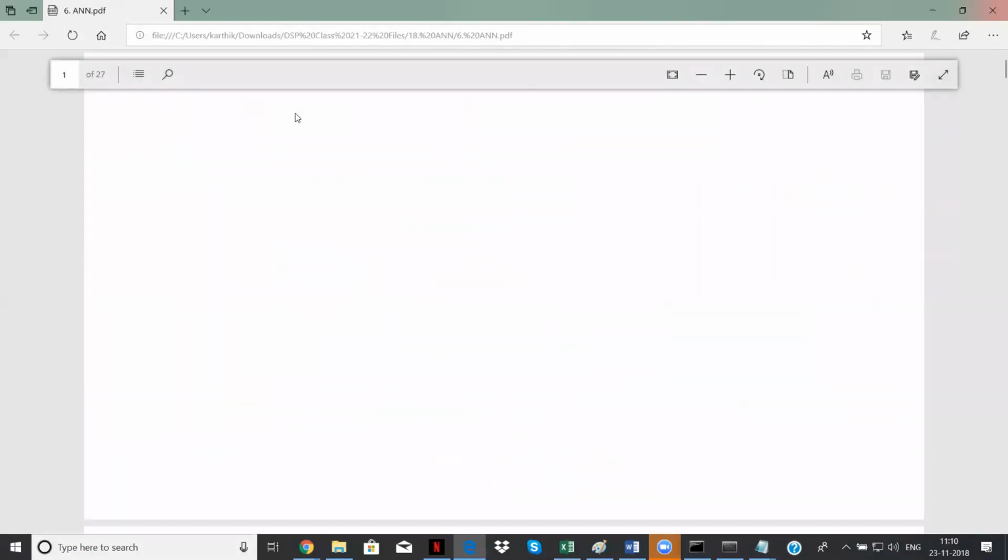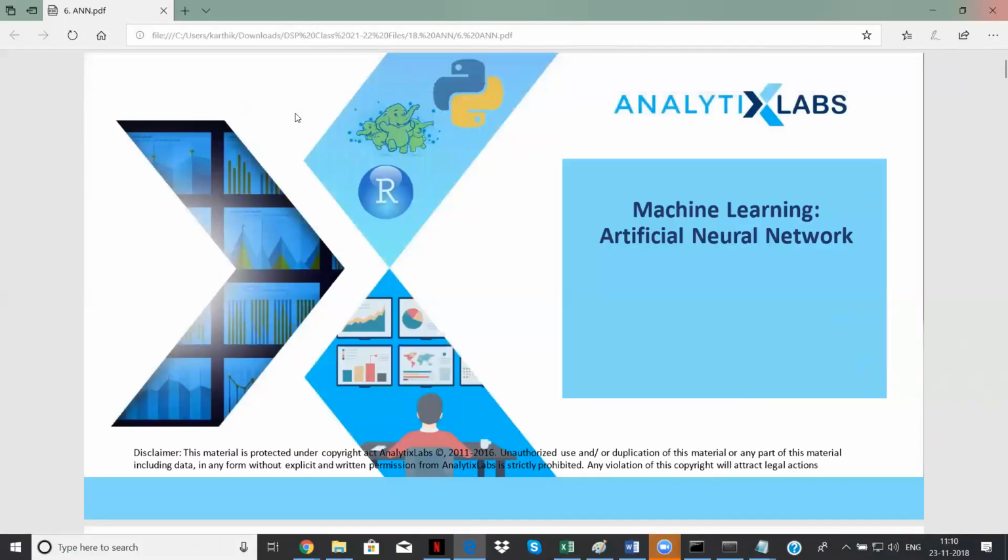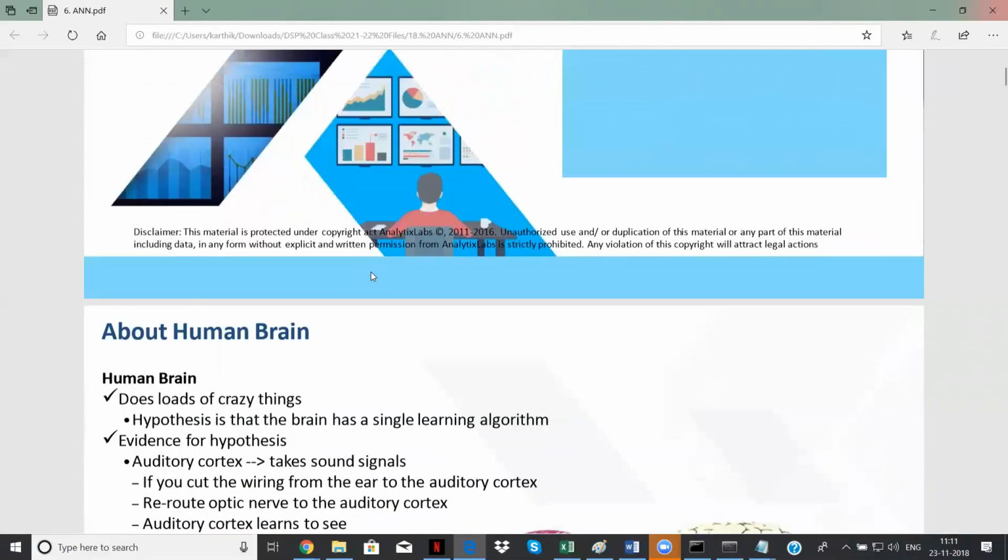Today is November 23rd, right? I'm using a system which will send me a Happy New Year 2016 on November 30th, 2018. That's how slow it is.